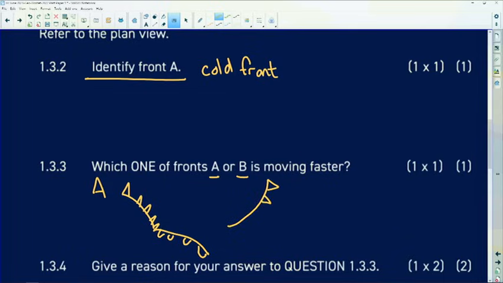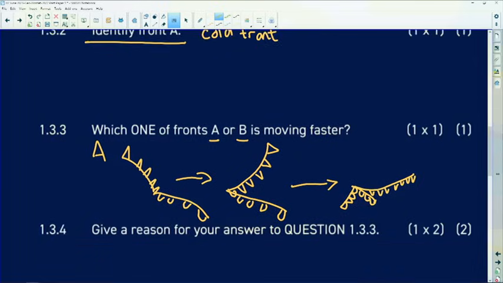And this cold front closes the gap between the warm front. And eventually, it will become occluded when they have caught up with one another. So we can almost say that the warm front is quite stationary. It's inevitable that the cold front is going to catch up with the warm front.